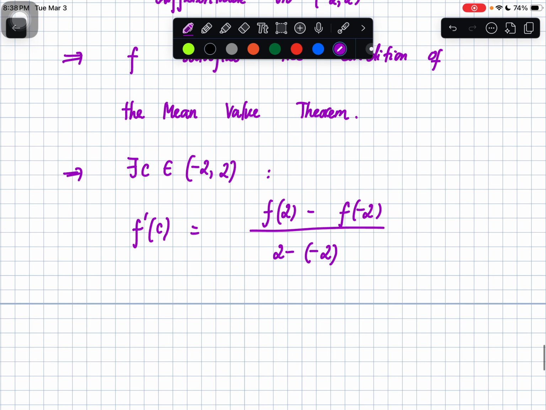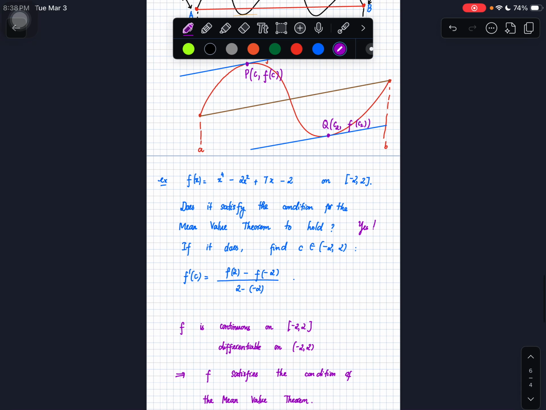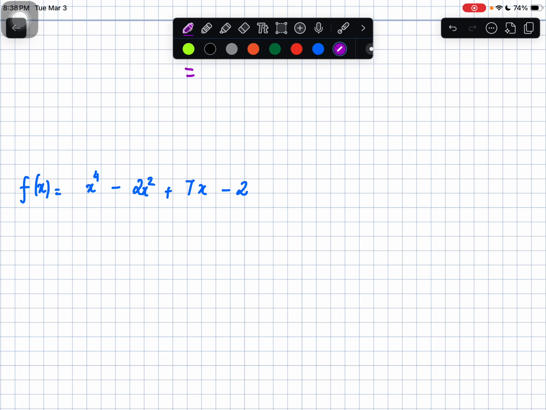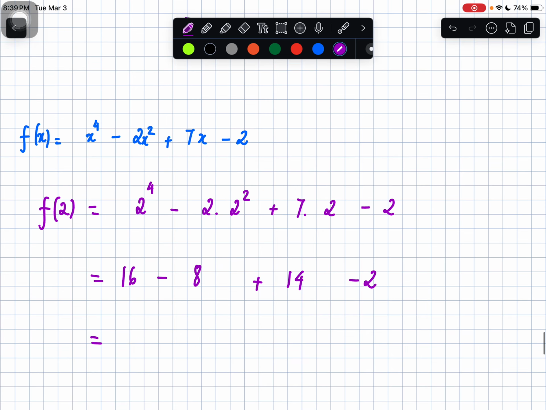Now we compute f of 2 and f of -2. f of 2 will be 2 to the fourth, minus 2 times 2 squared, plus 7 times 2, minus 2. So we have 16 minus 8 plus 14 minus 2. So this is 8, 12, so we have 20.